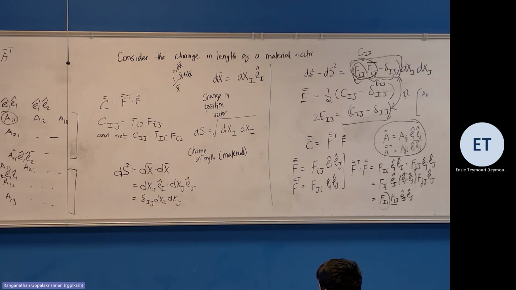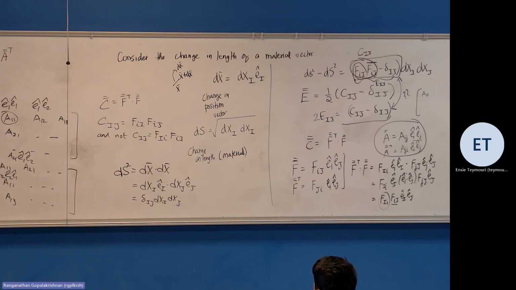If B formed by a dyad X and Y is equal to A formed by the dyad Y and X, then they are the transpose of each other. That's what this statement means. So what is F transpose then? F transpose, the dyad is E_j, E_i. Yes. The question is that one, right?